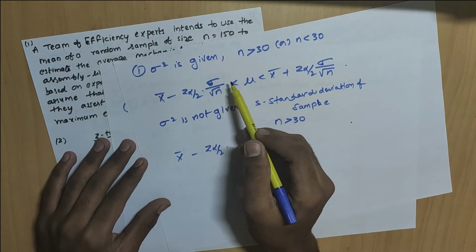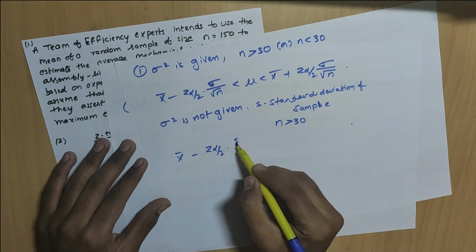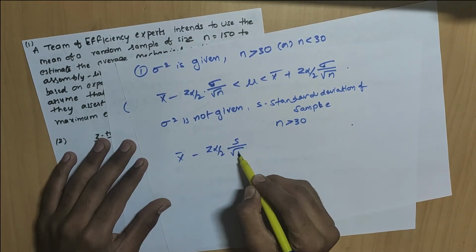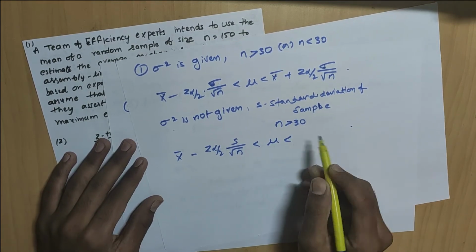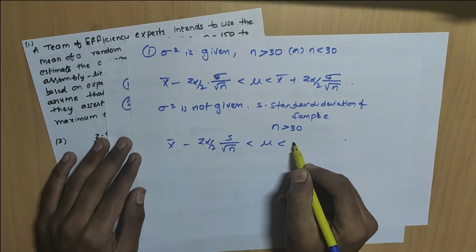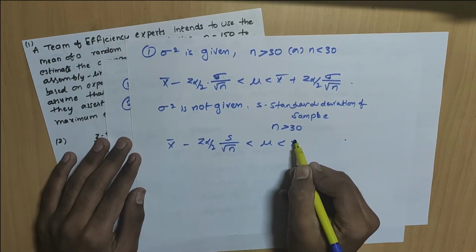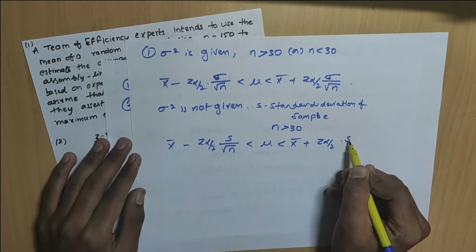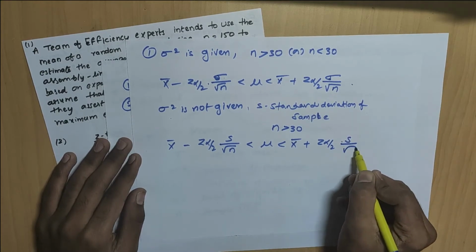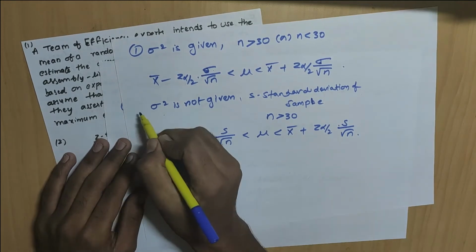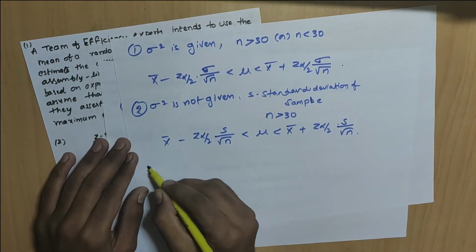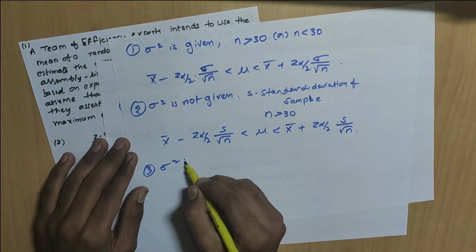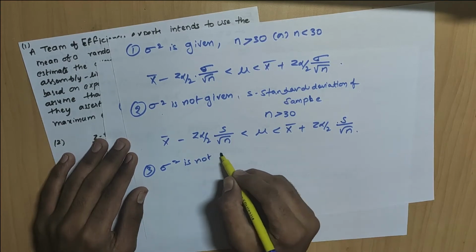So in the place of sigma we write s by root n, less than mu less than x bar plus z alpha by 2 s by root n.